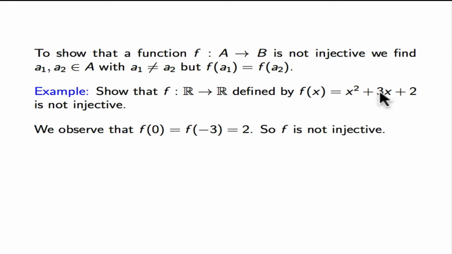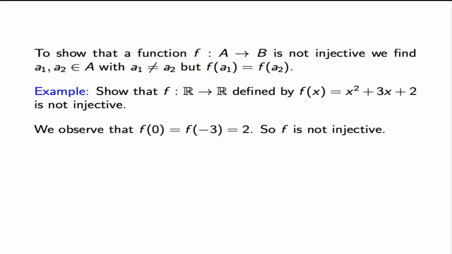Yes, 0 squared plus 3 times 0 plus 2 is equal to 2. I observe that f of minus 3 is equal to 2, because minus 3 squared is 9, plus 3 times minus 3, that's minus 9, plus 2 is indeed 2. So yes, f of 0 is equal to f of minus 3 is equal to 2. So f is not injective.